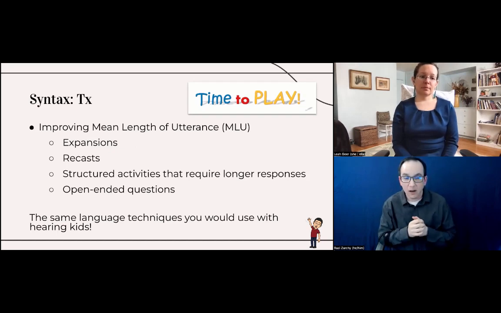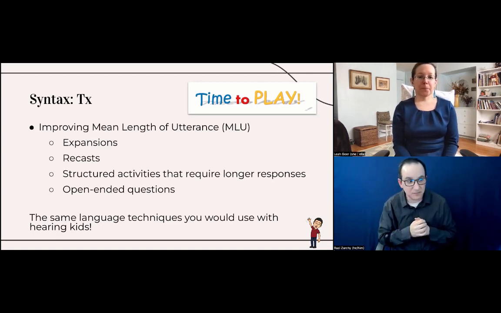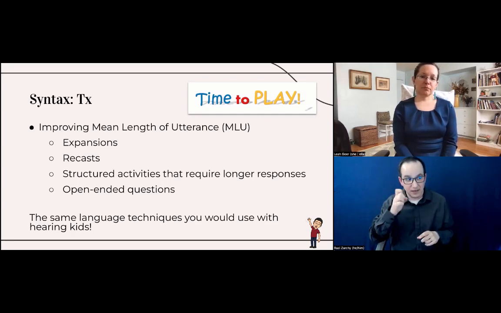So more about MLU, mean length of utterance. Some SLPs use a lot of language techniques. Same techniques that we would use with hearing children, we would also use with deaf children. First point here, expansions.